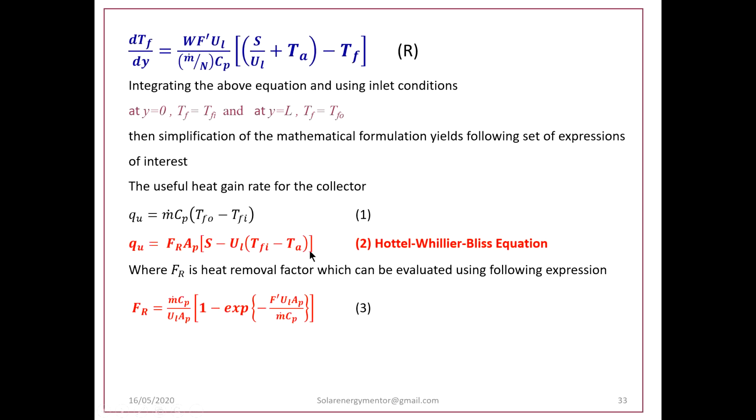In this equation, Fr is the new term being introduced. Fr is the heat removal factor, which can be evaluated using the following expression. Fr is equal to m dot Cp over UL Ap, where m dot is the flow rate, Cp is the specific heat of the fluid, UL is the overall heat loss coefficient, and Ap is the collector area, times 1 minus exponential, where F dash is the collector efficiency factor.